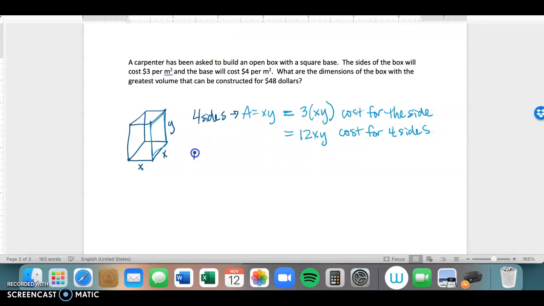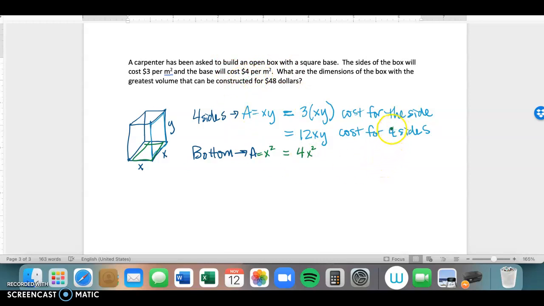Now let's do the bottom, or the base, however you want to look at that. What's the area of the base? The area of the base is x times x, or x squared. And we just have one of those, so we can do 4 times x squared, because the cost of the base was 4.